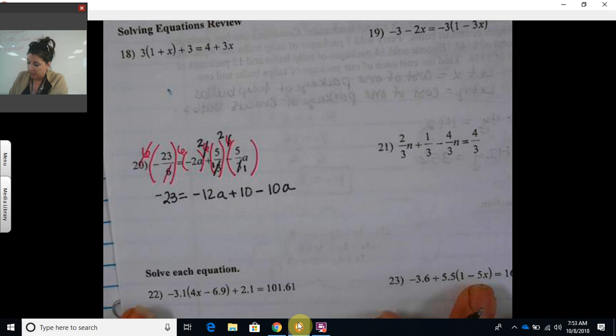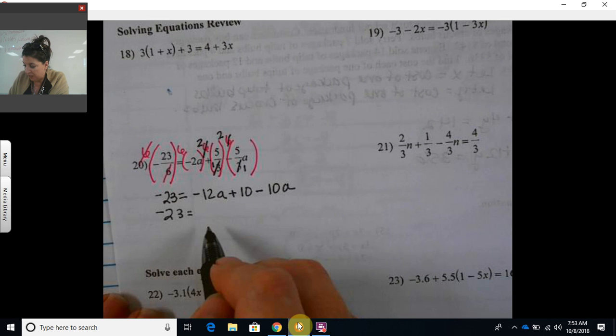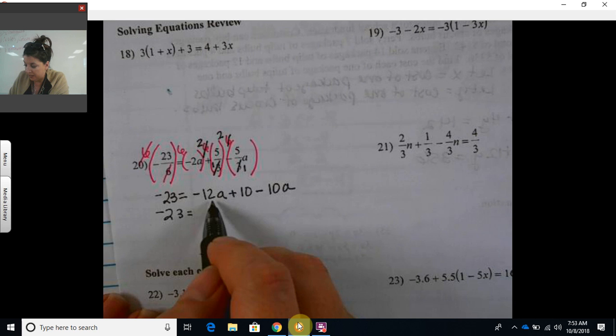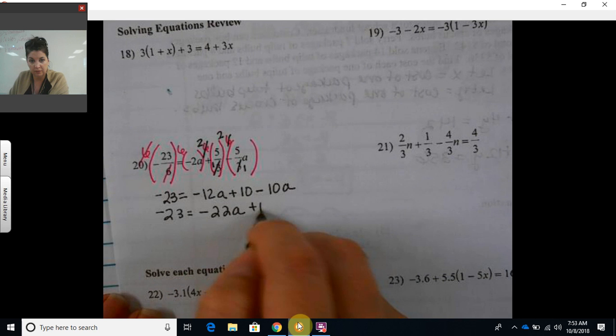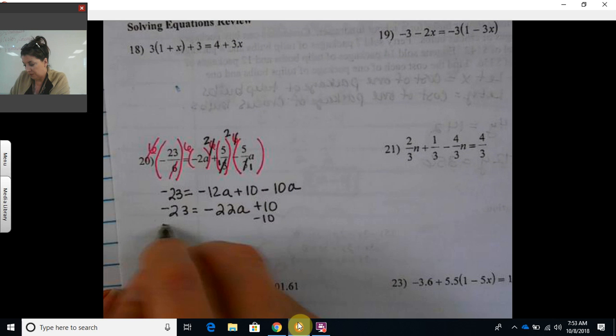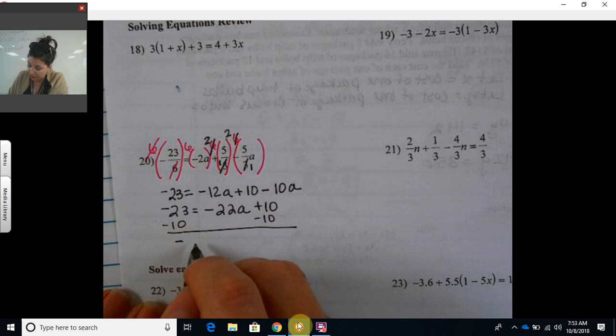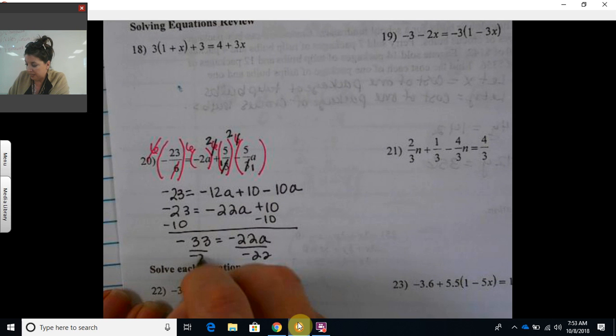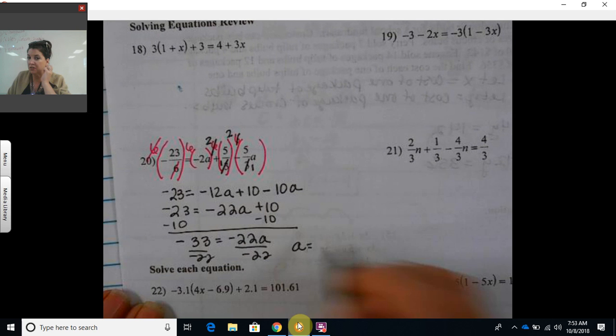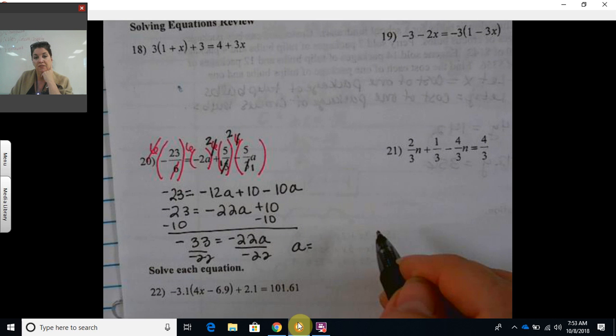And I have like terms on the right side, so I'm going to combine those first. Negative 12a and negative 10a make negative 22a plus 10. Subtract 10 from both sides. I get negative 33 equals negative 22a. And when I divide by negative 22, a negative divided by negative is a positive, and I'm going to leave it as a fraction because your answer will be a fraction if it's multiple choice, which it would be.